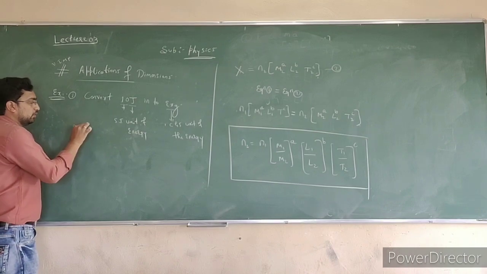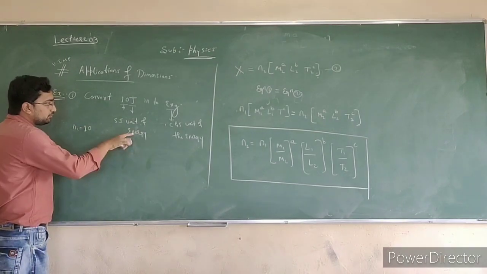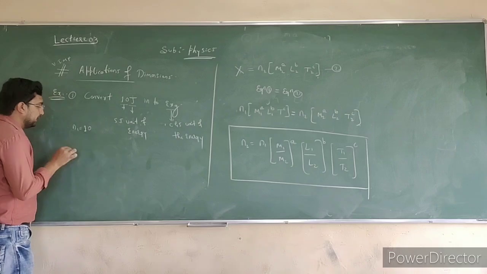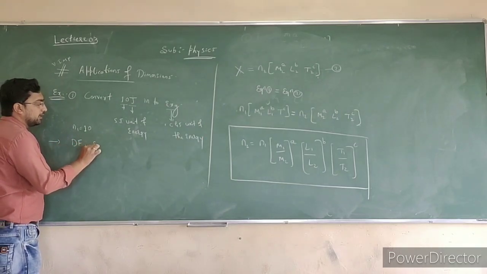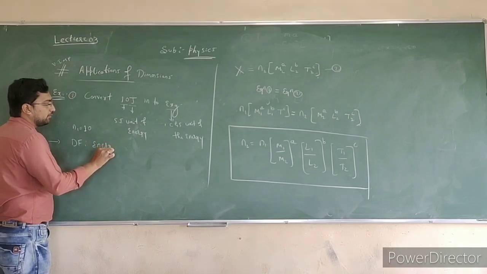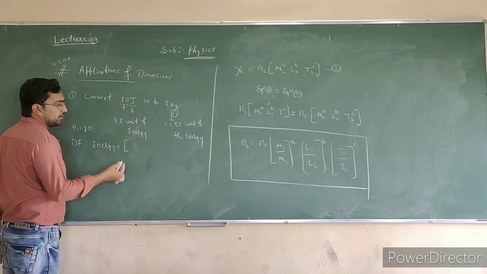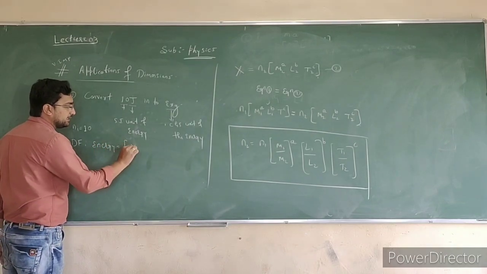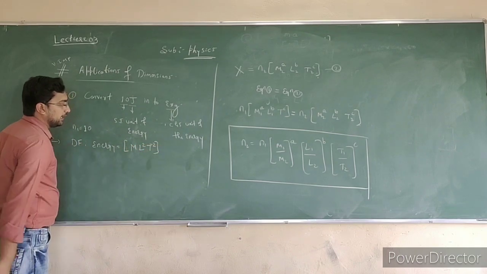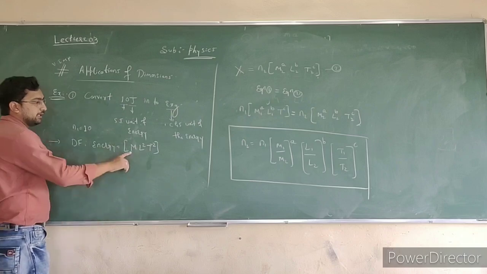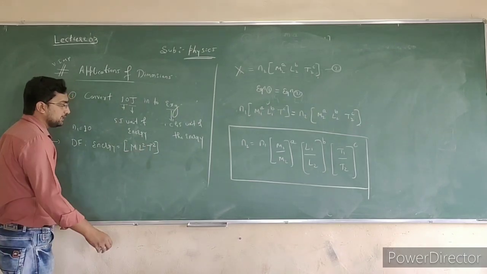Then this is the SI unit of energy, so in this case we have to write the dimension formula for energy. The dimension formula is already known: it is M L square T to the power minus 2.